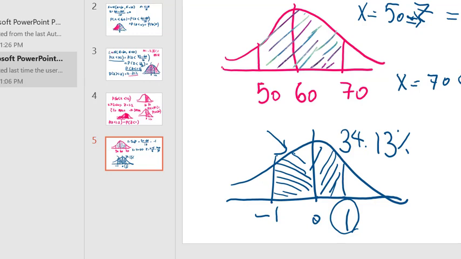So if you multiply 34.13% by 2, you get the probability of Z less than 1 and greater than -1. And that is 68.26, which is part 5 of part B of question 11.